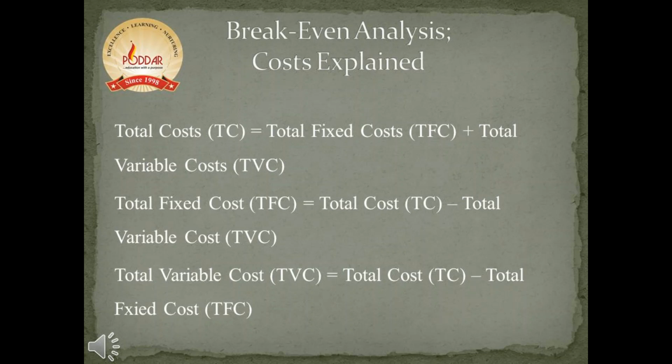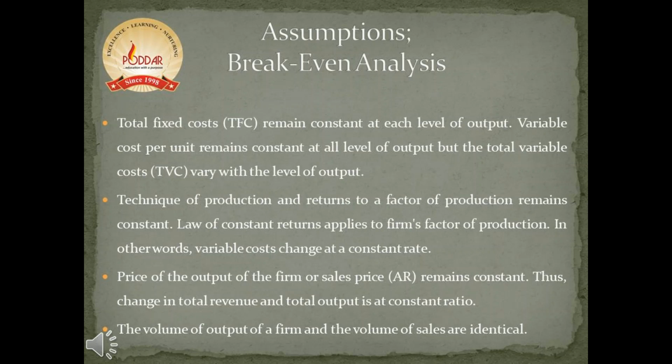We can have the formula to find the total fixed cost, which equals total cost minus total variable cost. Similarly, we can also draw the formula of total variable cost, which equals total cost minus total fixed cost.